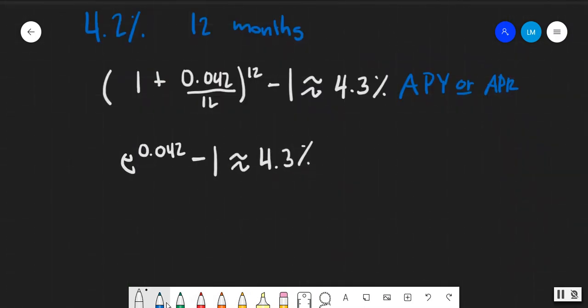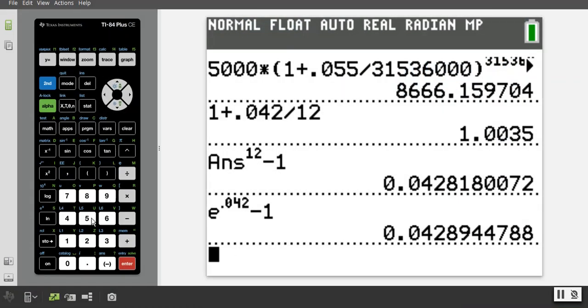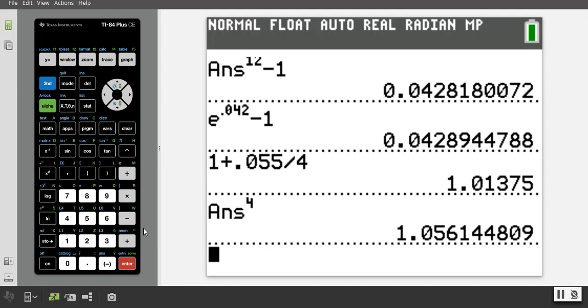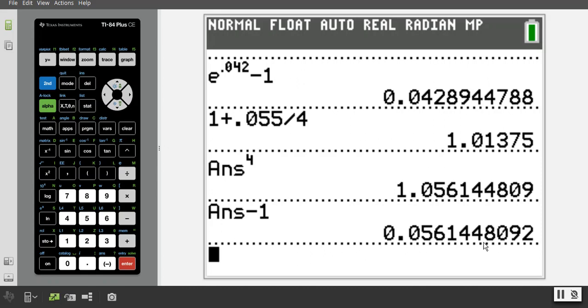But it really depends on what the scenario actually is. If I try 5.5%, I can compare it. If it was 0.055 and done quarterly, and I raise it to the fourth power and subtract 1, I see that it's 5.6%.